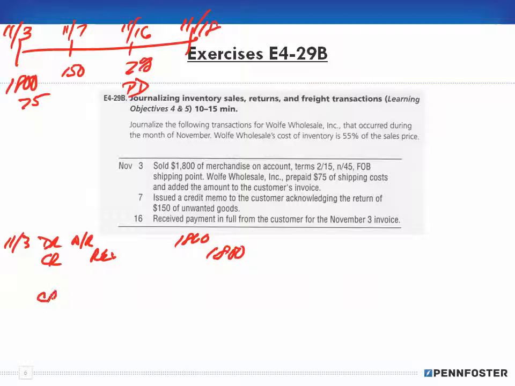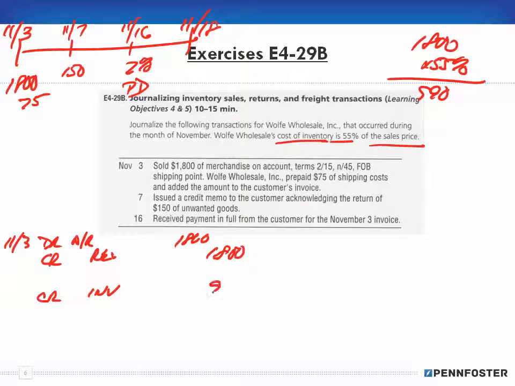So we're going to credit our inventory, and the amount is 55%. The cost of the inventory is 55% of the sales price, so 1,800 times 55% is $990. I'm going to credit inventory for $990 and debit my cost of goods sold for $990.